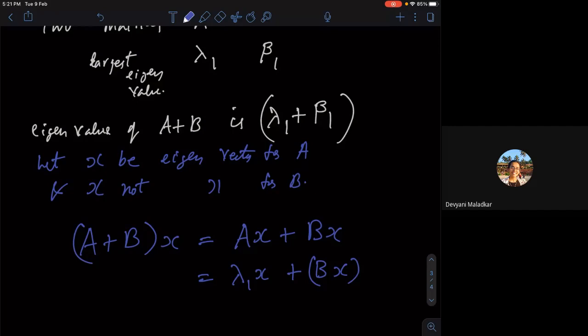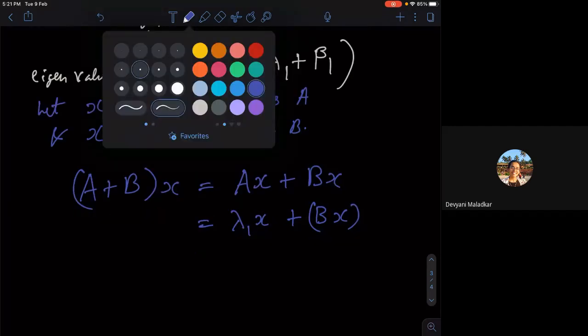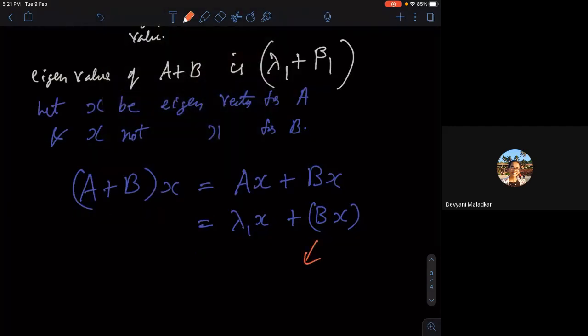Bx is not in the direction of x, because it's not an eigenvector for B. So therefore it's not in the direction of x.